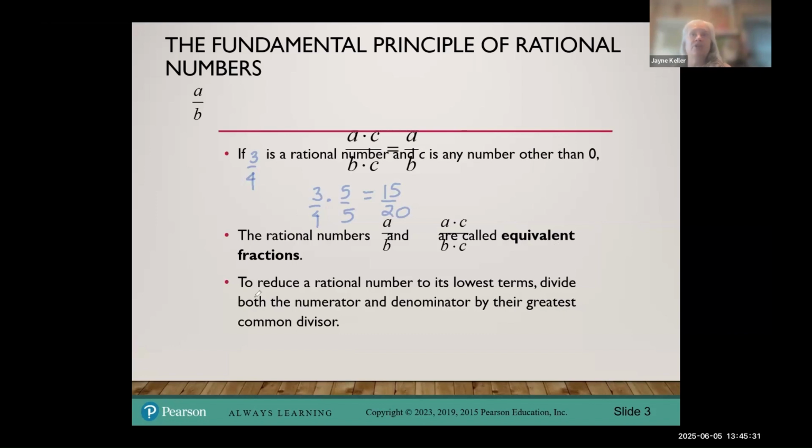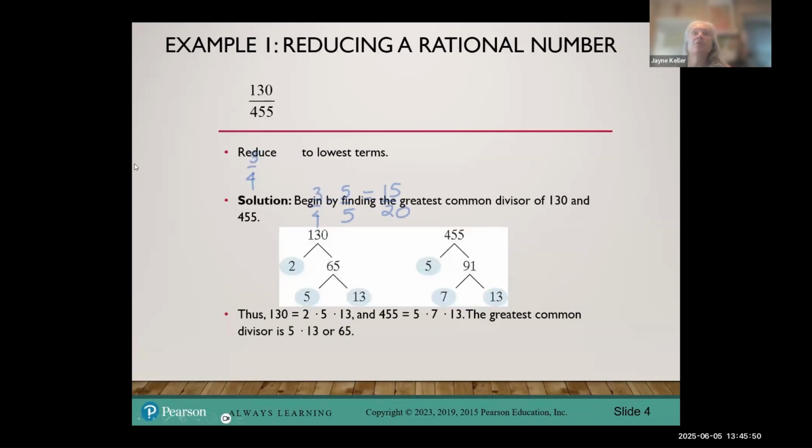And then one of the main operations that we do is reducing a fraction, which is just to divide both the numerator and the denominator by the biggest number that will divide into both of them. One way of doing that, which we'll look at on the next screen, is to use what we learned a few sections back when we were talking about writing a number in lowest terms by finding these fraction trees and then finding the common factors and dividing them out.